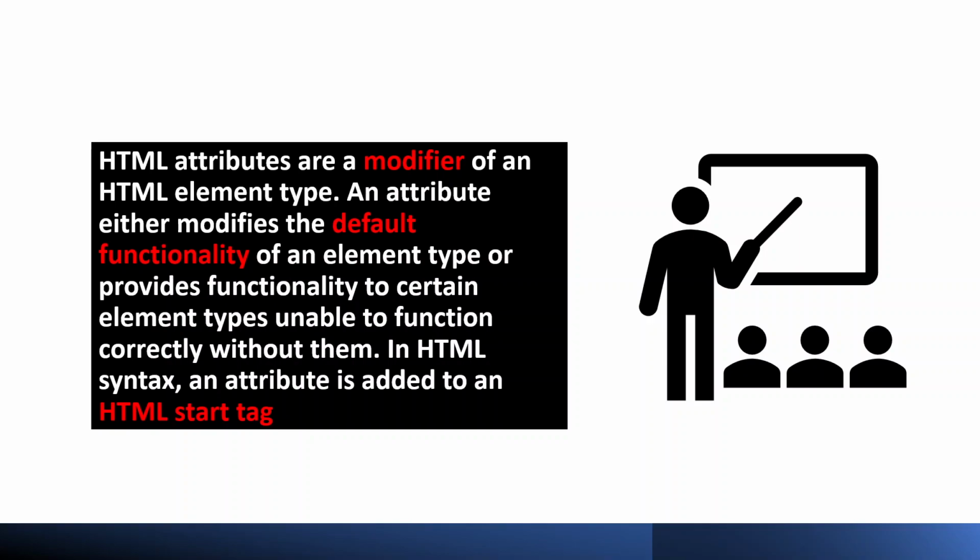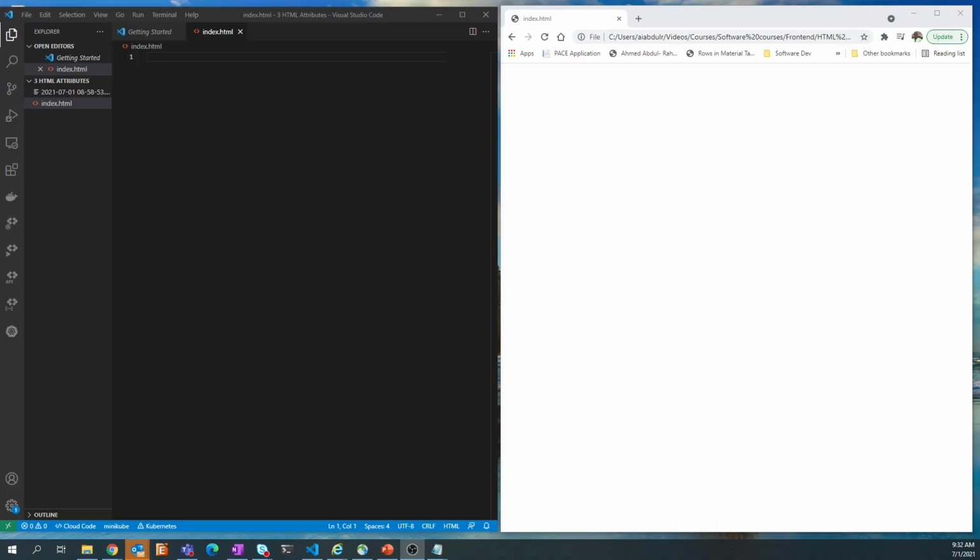In HTML syntax, the attribute is added to the HTML start tag, which we are going to look at next. Before we start putting down any lines of code, what you need to know, just to repeat, is that HTML elements, which we talked about, can have attributes.